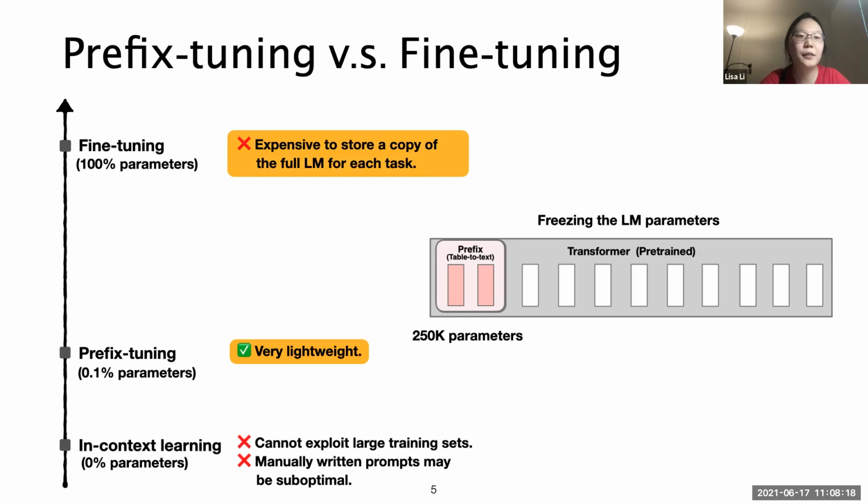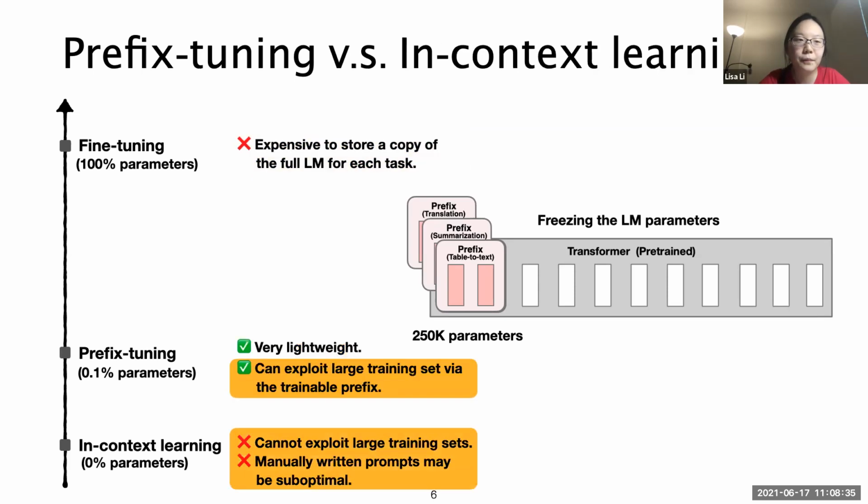So in contrast to fine-tuning, it is very lightweight because we freeze the pre-trained language model and only optimize the prefix. So for each task, we only need to store this very small prefix. So as the number of tasks increases, the overhead is very small. And second, prefix tuning addresses the issue of in-context learning by having this prefix be trainable.